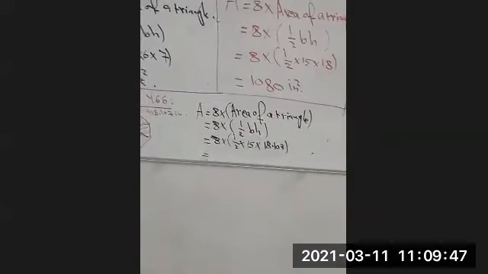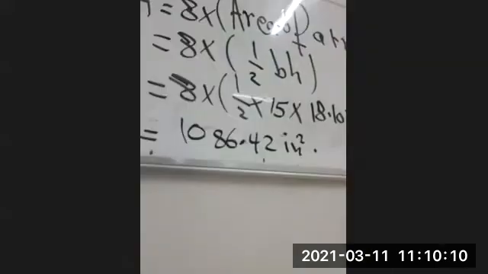Use your calculator: 8 times 0.5 times 15 times 18.107. The answer is 1,086.42 inches squared.